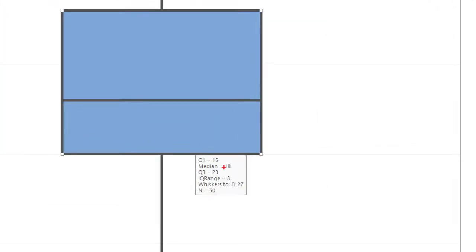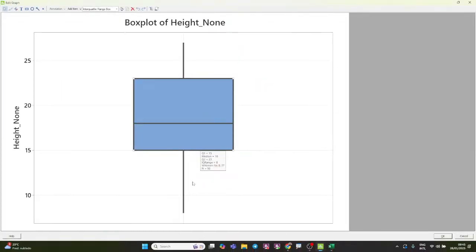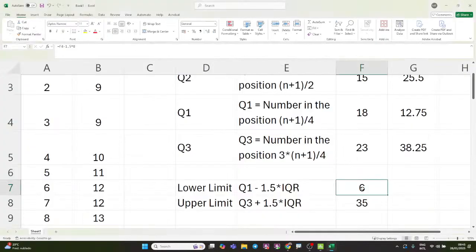Why are we using 8 and not using 6? And why are we using 27 at the top and not 35? Because as part of the box plot theory, we adjust the lower limit to the closest value in our data set. The closest value going up is 8.